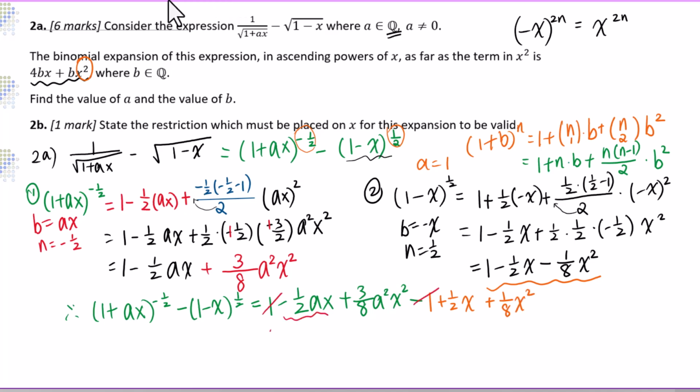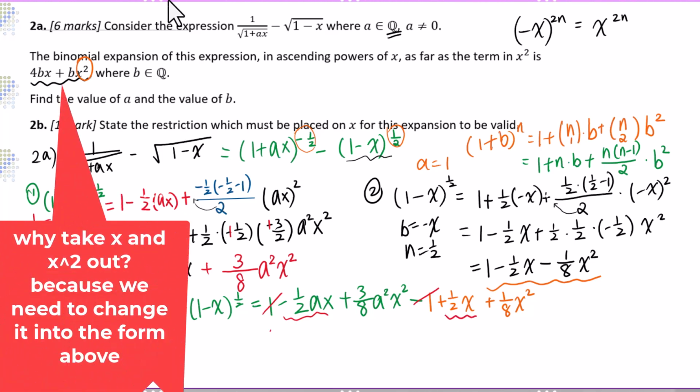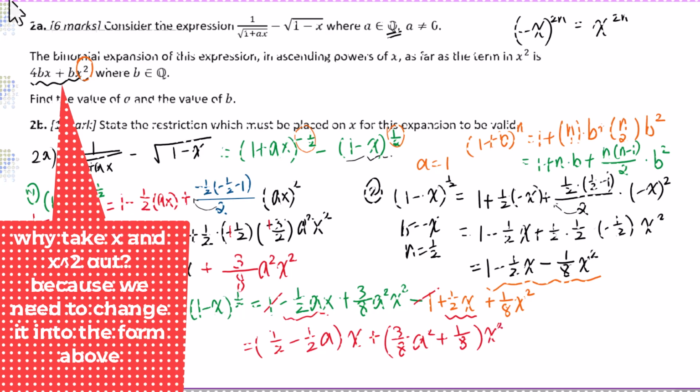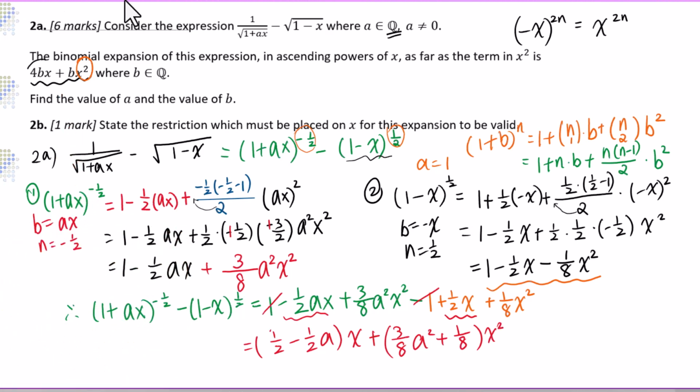Combine like terms. These two, take x out: 1 half minus 1 half a, times x, then plus 3 over 8 a squared plus 1 over 8, x squared, should be equal to this, 4bx plus bx squared.